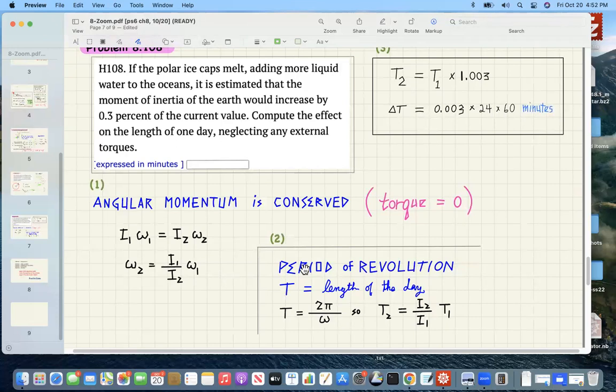Now, the period is, no, it's the period of rotation. This is rotation of the Earth, not revolution. The period is 1 day. The Earth turns all the way around, one complete rotation in 1 day.